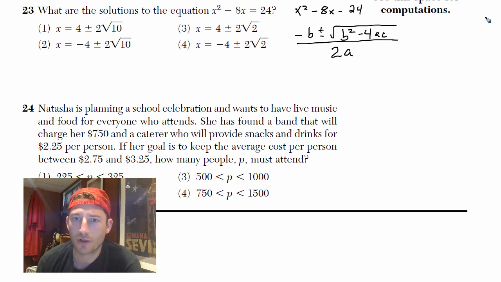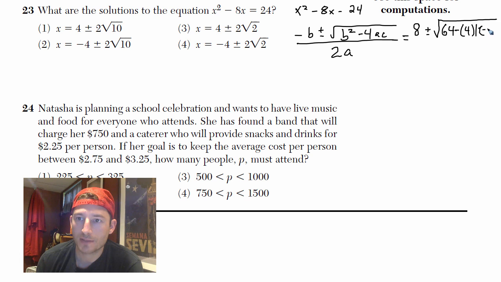I really hope that's quadratic formula. So I've got 8 plus or minus radical b squared is 64 minus 4 times 1 times negative 24, all over 2. All right.